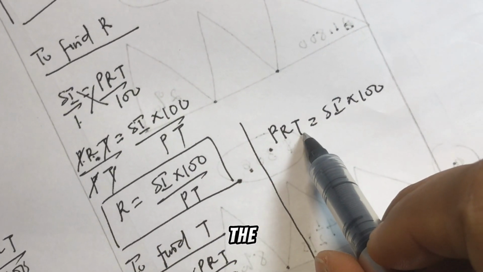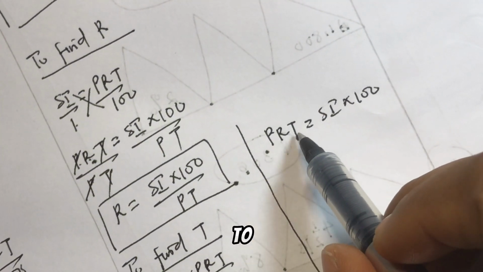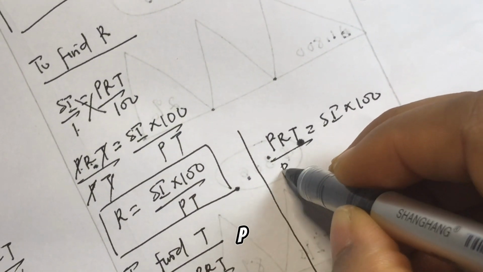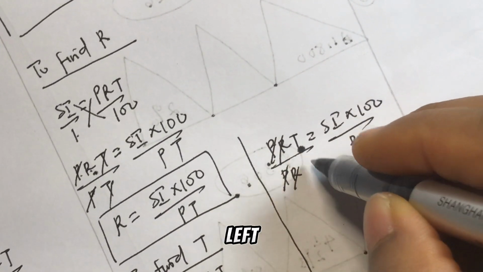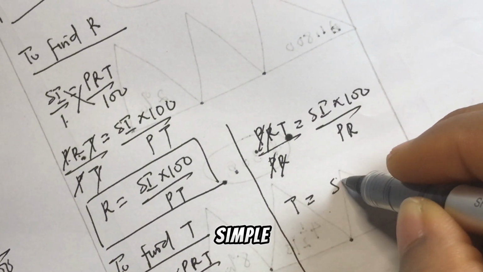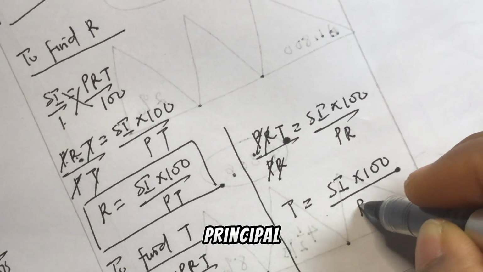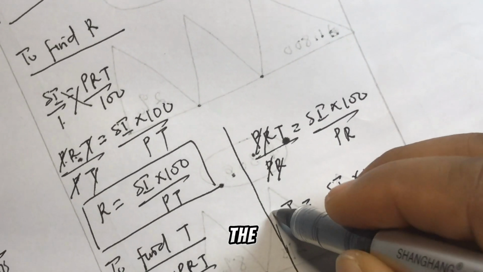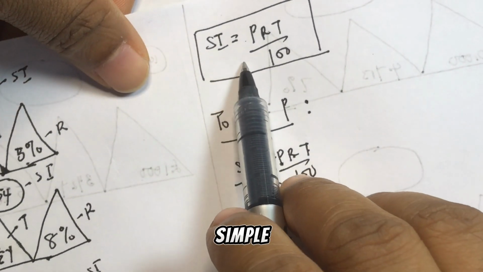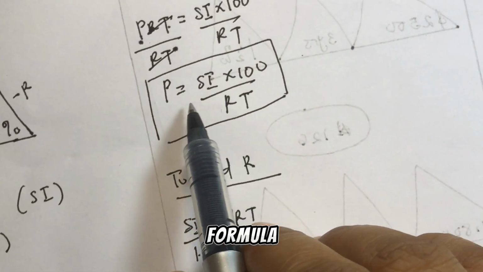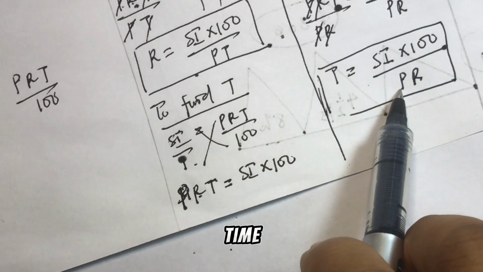I want to make T the subject of the formula. What is the coefficient of T? That is, what are those variables attached to T? It is PR. So you divide both sides by PR over PR, so that P cancels P, R cancels R, and T is left alone. So we have T equals simple interest times 100 divided by principal times rate. So this is the formula for simple interest, the formula for principal, the formula for rate, and the formula for time.